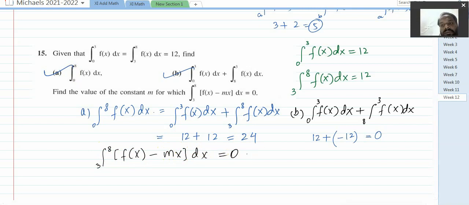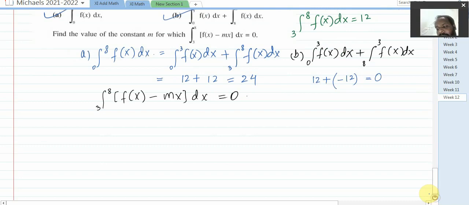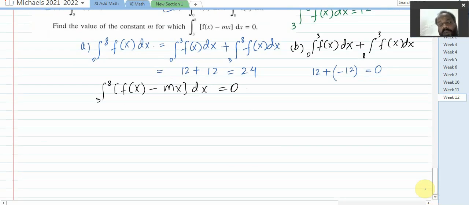Firstly, I need to apply the sign of integration to both of these terms. So it will be the integral of 3 to 8 f of x dx minus m, being the coefficient, integral 3 to 8 x dx, is equal to 0. That is my first step.